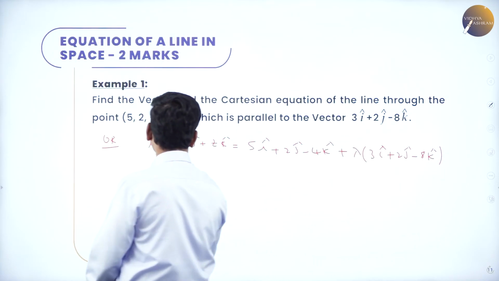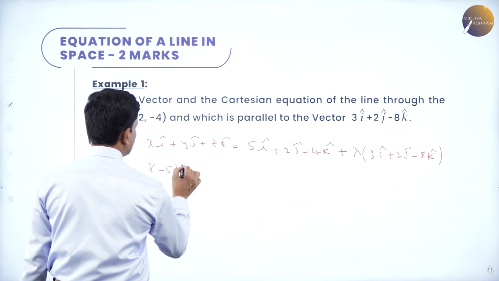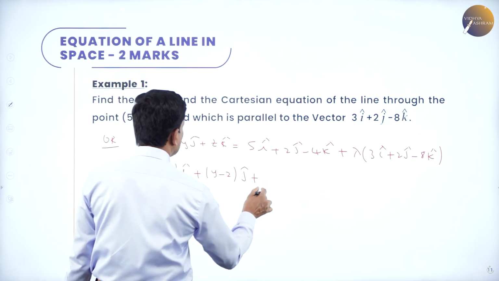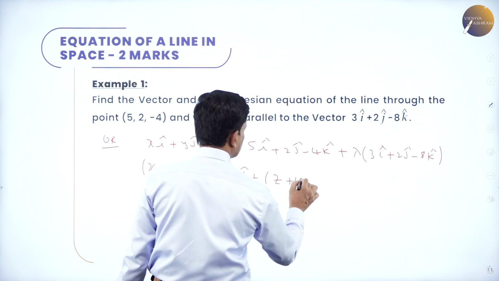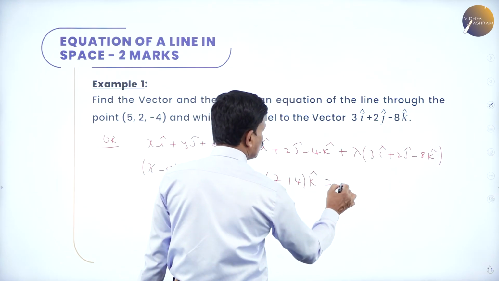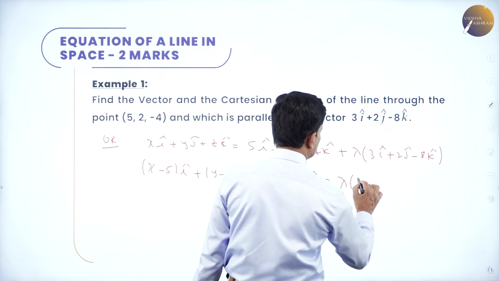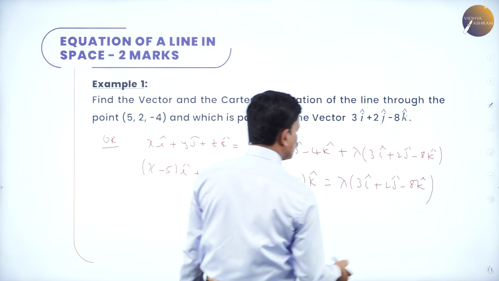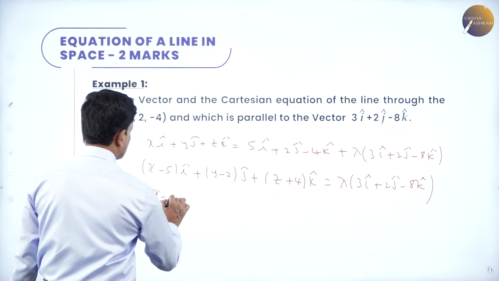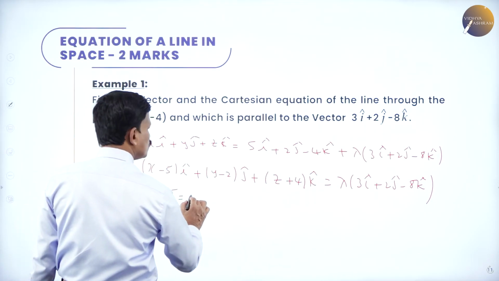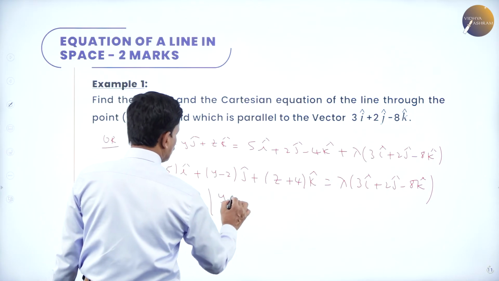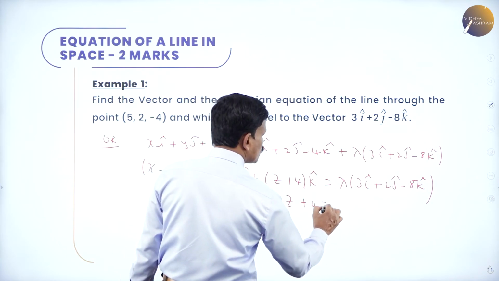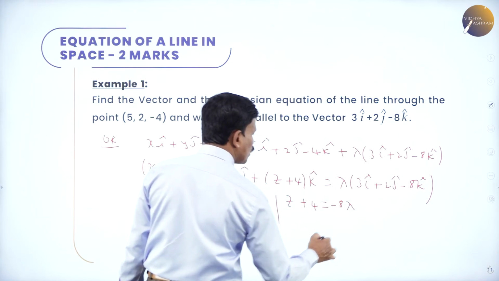Now transfer this, that is (x − 5)i + (y − 2)j + (z + 4)k = λ(3i + 2j − 8k). Equating the coefficients, x − 5 = 3λ, y − 2 = 2λ, and z + 4 = −8λ.